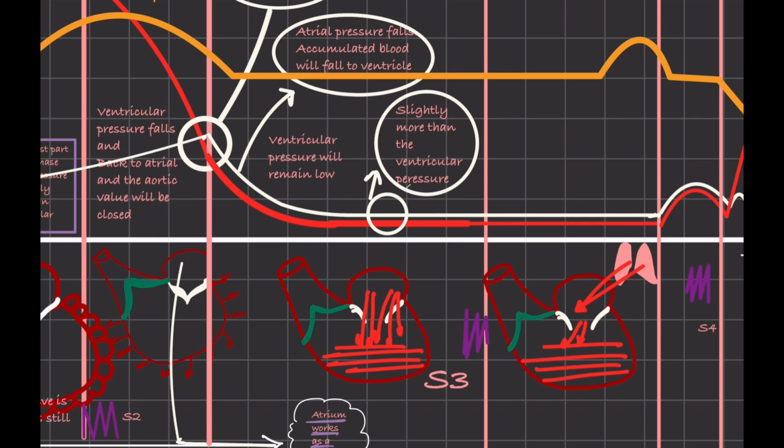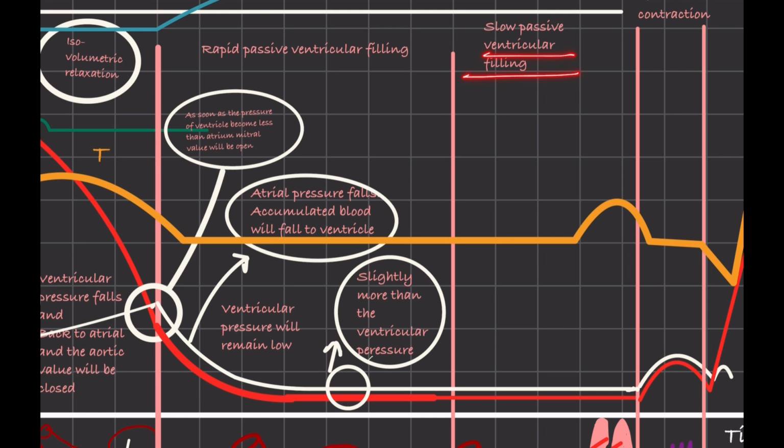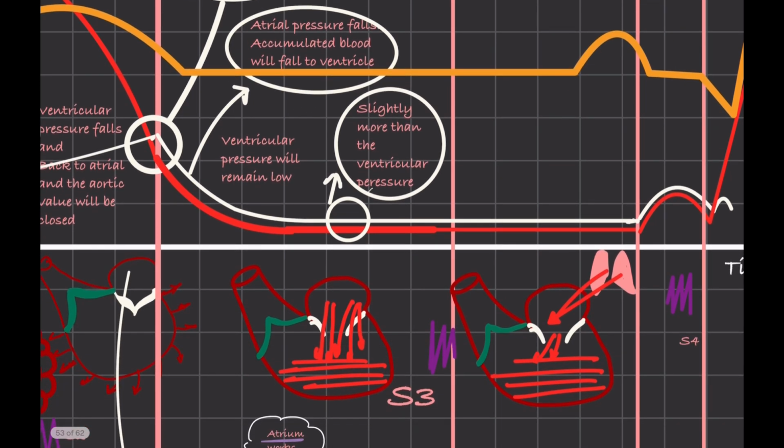S3 is caused by a large amount of blood hitting a compliant left ventricle, often related to conditions like ischemic heart disease or cardiomyopathy. Next is the slow passive ventricular filling phase. During this phase, blood flows from the pulmonary veins directly into the ventricle, and the atrium acts as a pass-through, with its pressure remaining steady.